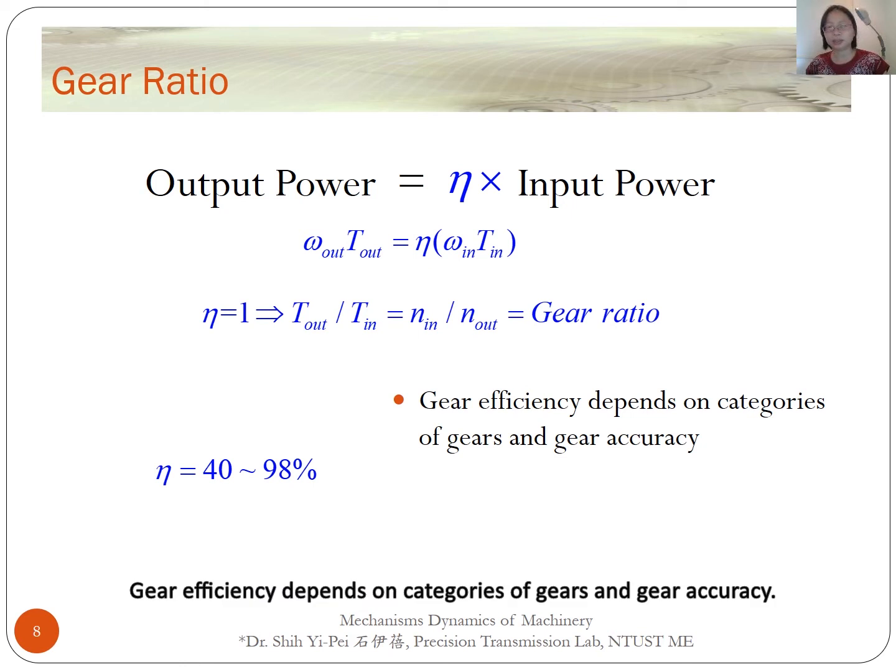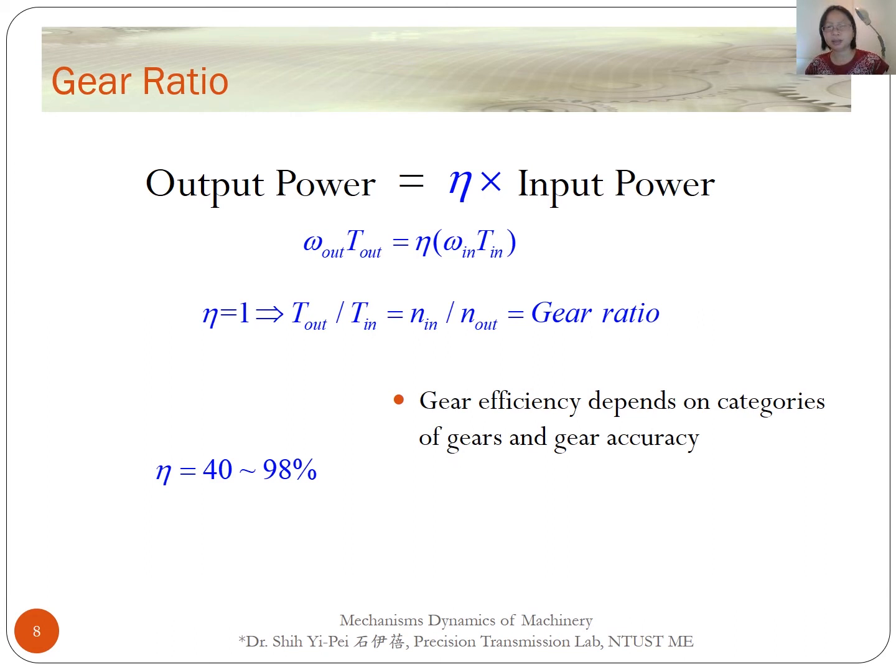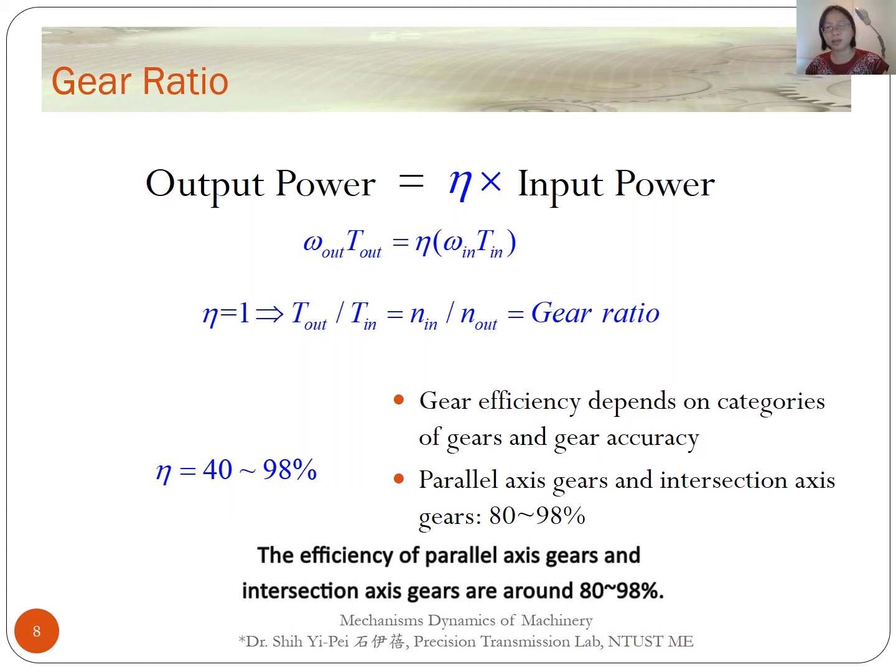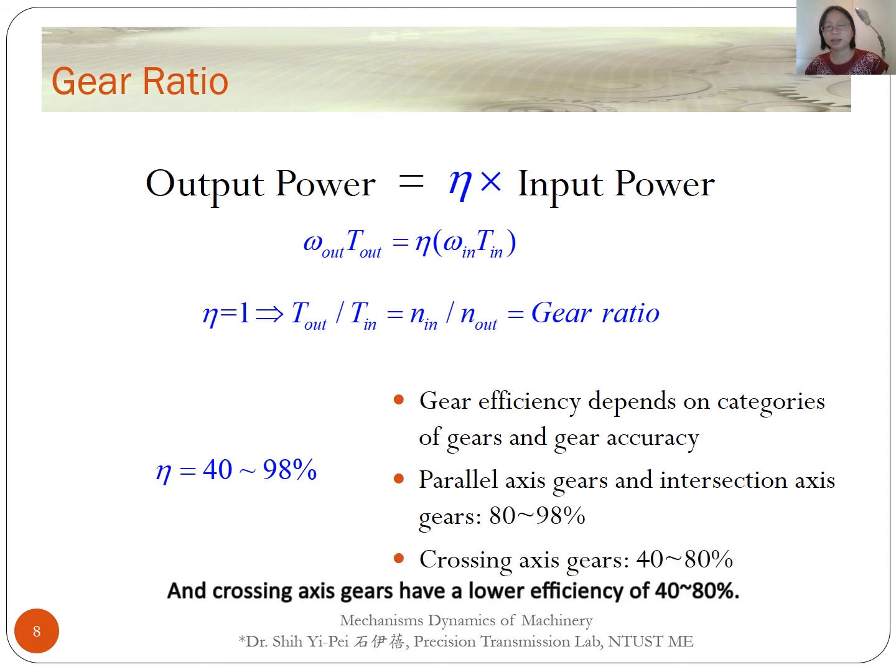Gear efficiency depends on the category of the gears and the gear accuracy. The efficiency of parallel axis gears and intersecting axis gears is around 98 to 99%, and crossed axis gears have a lower efficiency of 94 to 98%.